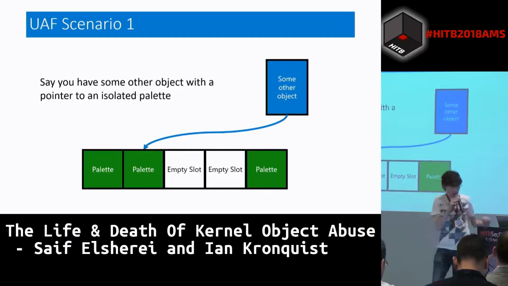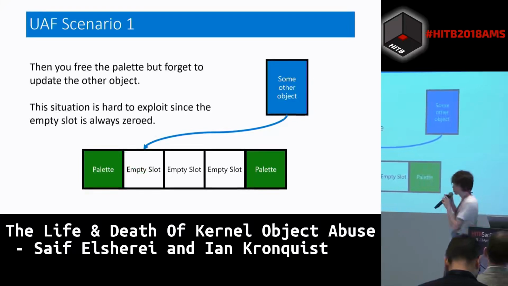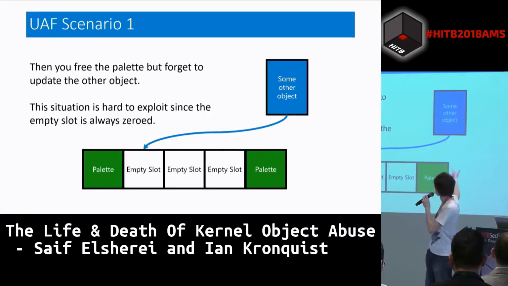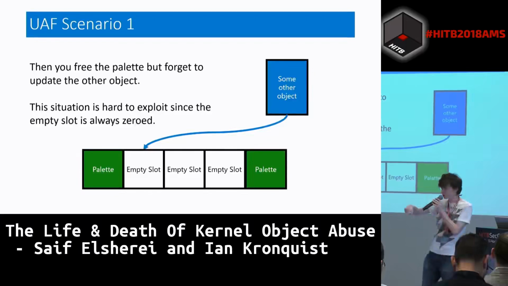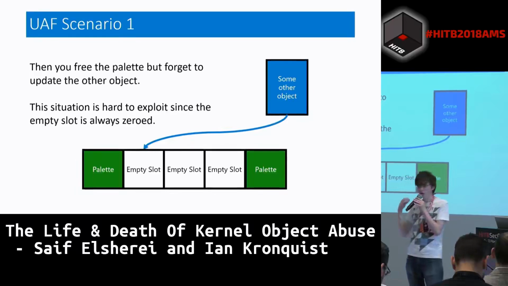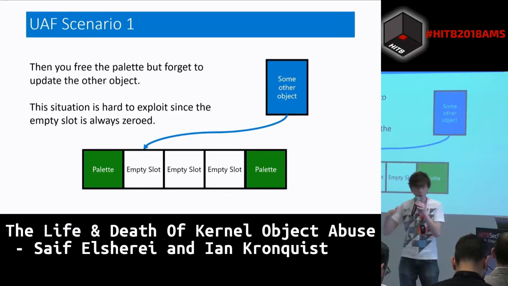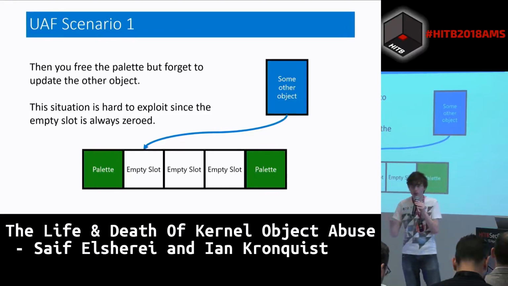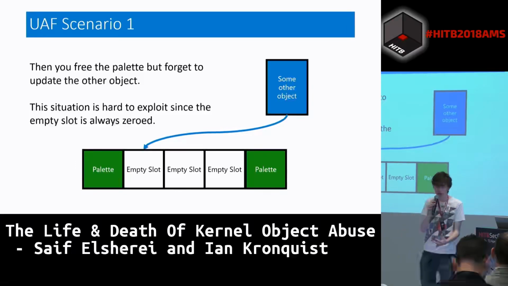So when we free it, we get this empty slot, we zero it, and now if Saif tries to use that other object to write through what used to be a pointer in the palette, that pointer is null now. It's all zeros. And so when Saif tries to dereference it, boom, we're going to get a blue screen of death, and his exploit is no longer viable.